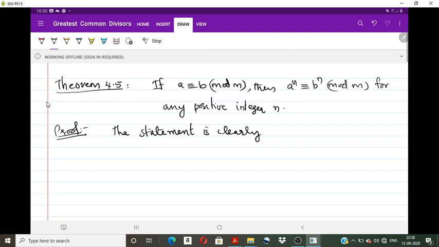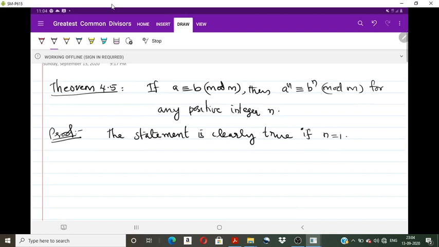Now, by the principle of mathematical induction, weak induction, actually we are doing the proof by induction method.